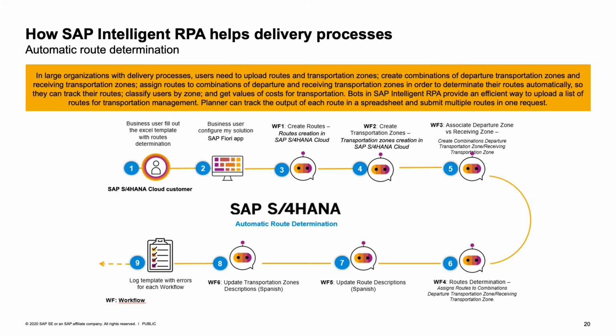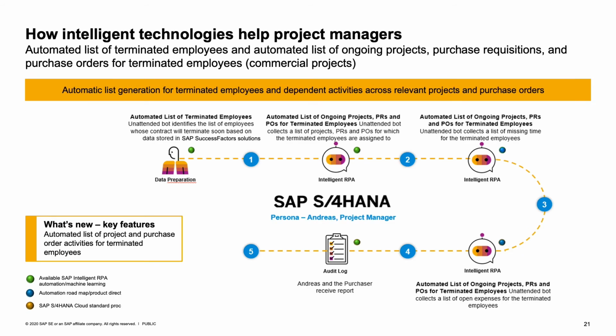This way, we bring efficiency in order to track their routes, classify users by zone, and get the values of cost for transportation. This is one of the ROIs that our customers are seeing with the help of digital automation.